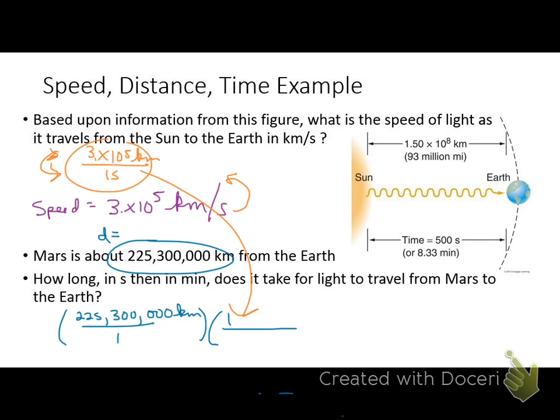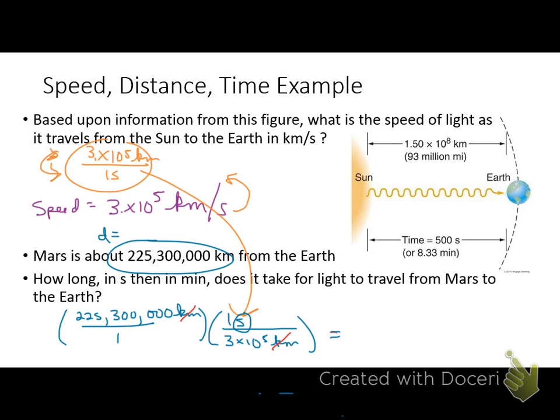In 1 second, I'll put that in the top, it travels 3 times 10 to the 5th kilometers. And when I do that, now my kilometers cancel. Okay, and we're left with units of seconds, which is exactly what we wanted. What do you think?